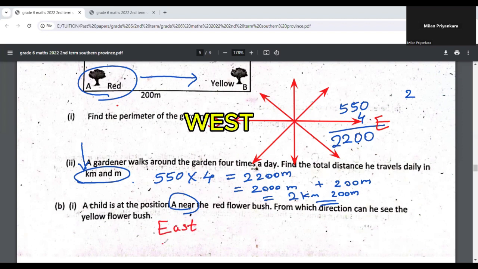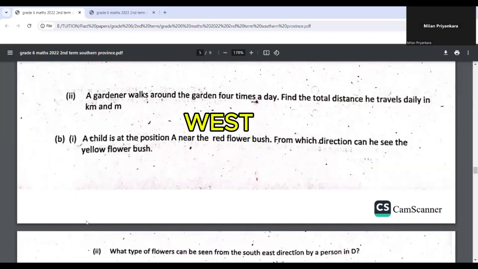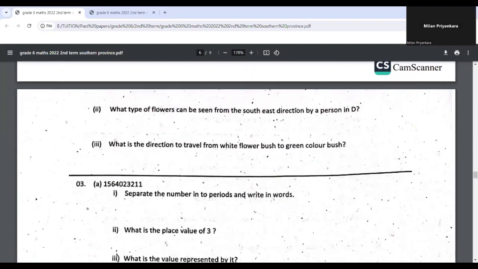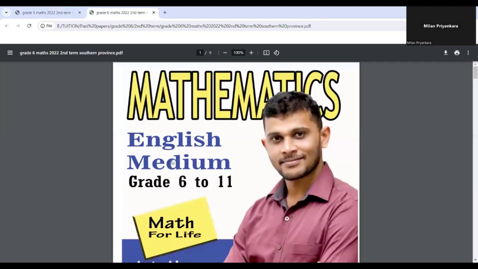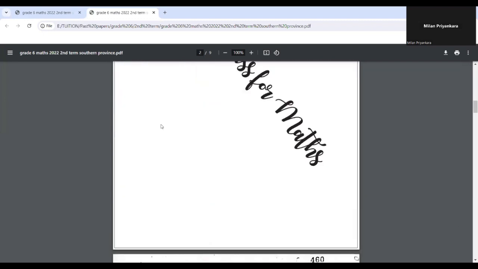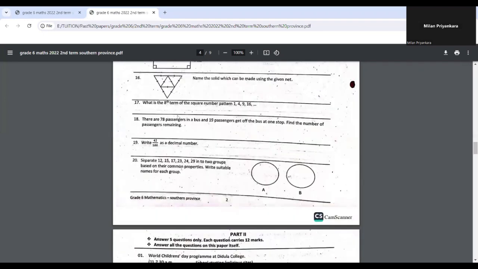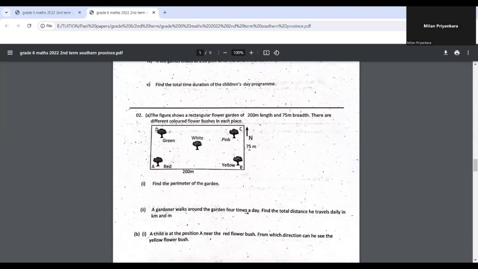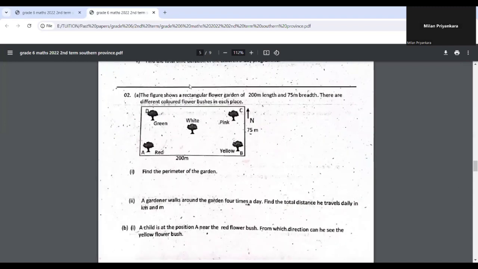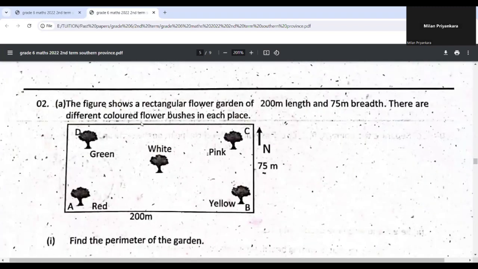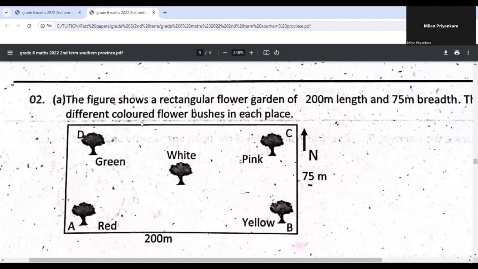You can see the yellow flower bush in the east. And then let's go and answer the next question. For that, I'm going to take another window here so that I can clearly show you these directions.